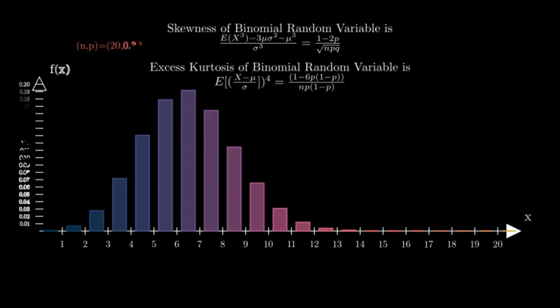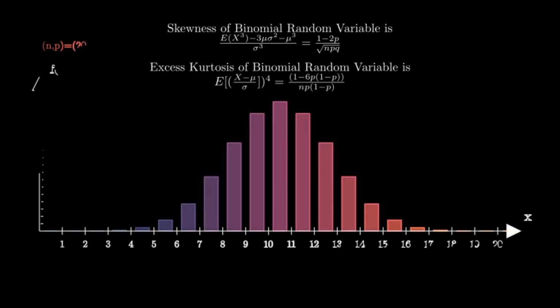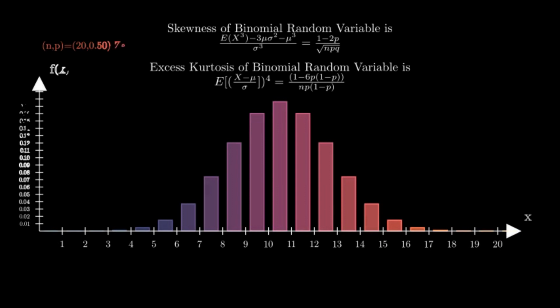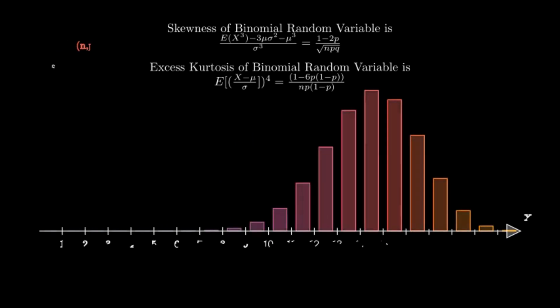And if the value of p is less than 0.5, the distribution would be skewed. You can see that the graph is plotted for n equal to 20 and p equal to 0.50, so there is zero skewness. And when the value of p is increased, there is skewness.